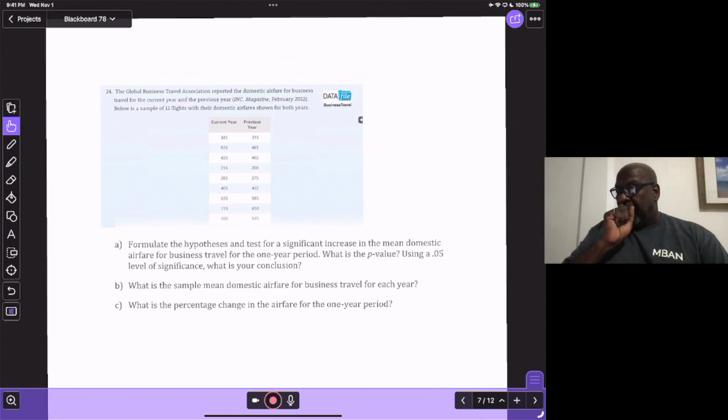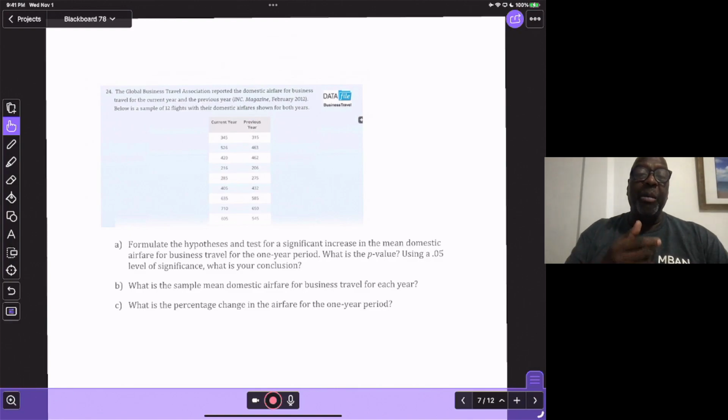So we have the data in the table. Current year 345, previous year 315, 526 versus 463. So these are 12 flights, and we're looking at the previous year and the current year. And so therefore these two values are matched values.